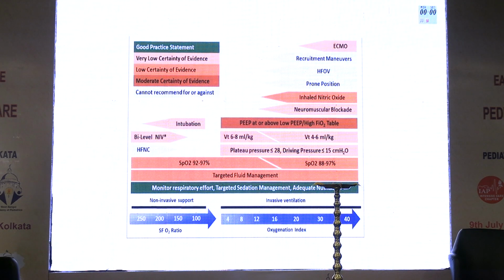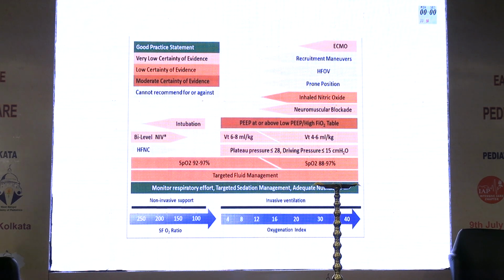So this is the last slide. You can see the green is good practice statement, light orange is low evidence, very low evidence and moderate certainty. There is no recommendation regarding recruitment maneuvers, high frequency ventilation or prone positioning, while for the use of bilevel NIV and HFNC it depends on the SF ratio and oxygen index.